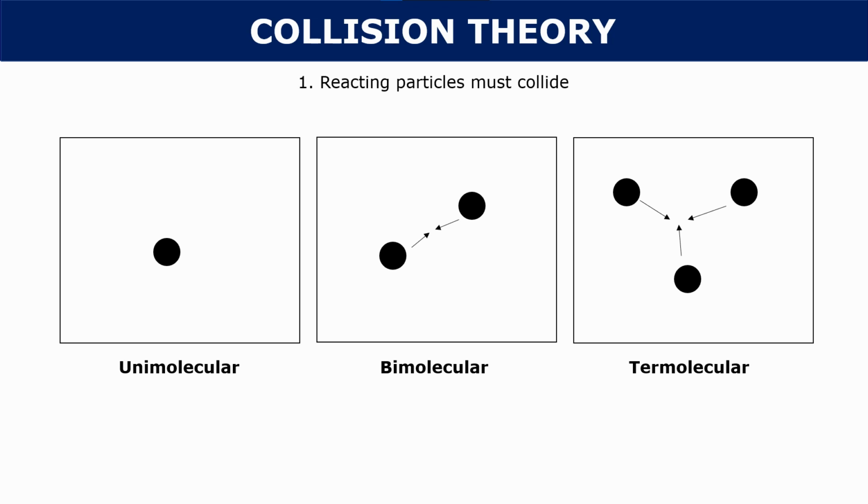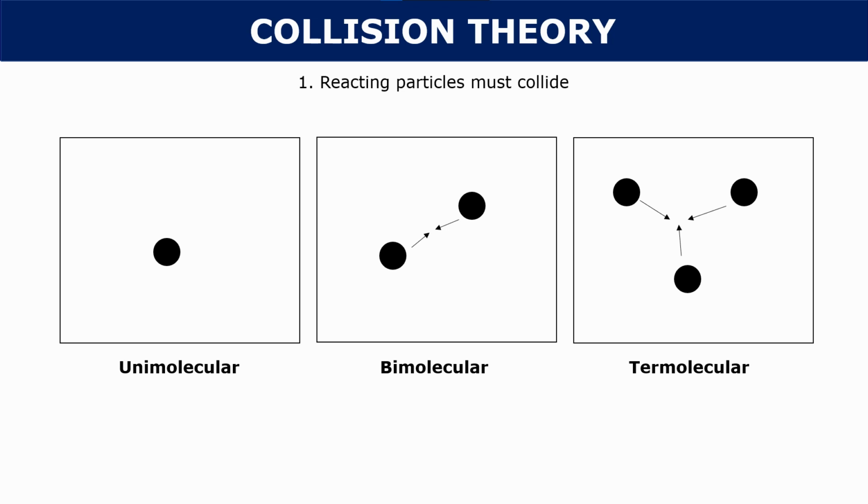Now, try to think about the frequency of termolecular reactions as compared to unimolecular or bimolecular reactions. Imagine yourself in a room with 30 other people, and you're all blindfolded and just told to walk around. You can think of unimolecular reactions happening when you just collide with the wall.